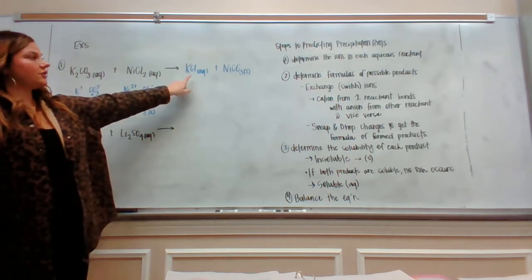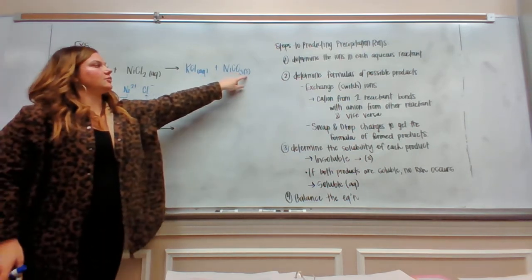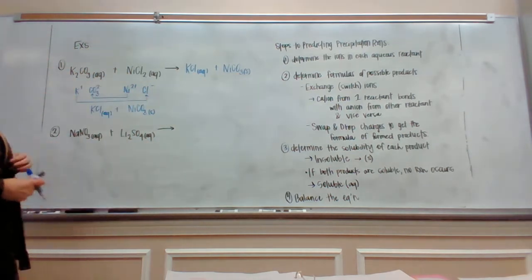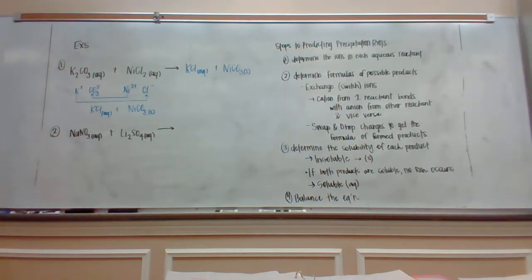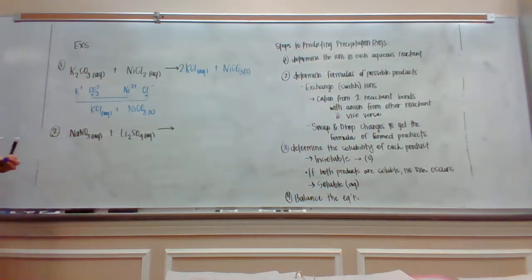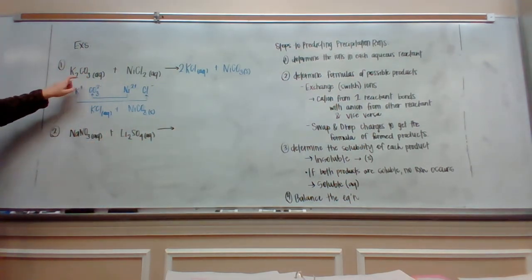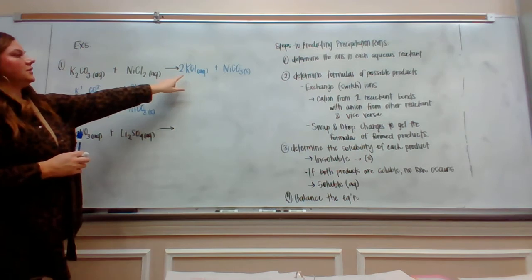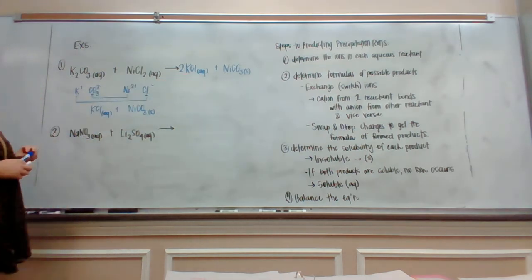I gave the soluble the aqueous, the insoluble the S. Now step 4 tells me to balance the equation. Looks like I just need a 2 right here. So I have 2 potassium, 2 chlorine, showing 1 of each there.